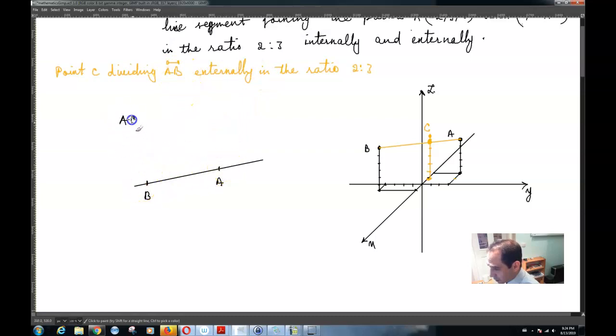Based on the situations that we just talked about, AC to BC is equal to 2 to 3, which means that AC is equal to 2/3 BC.